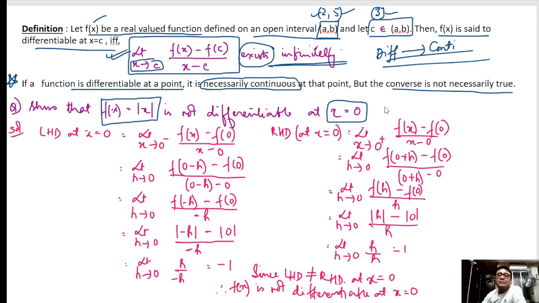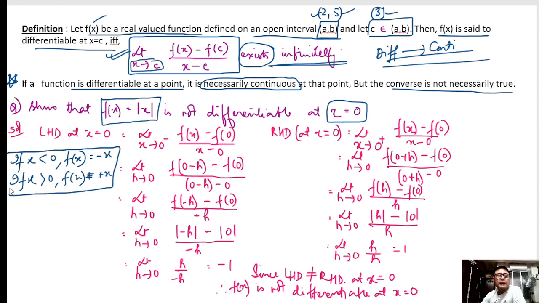We know that if x is less than 0, the function will be taken as minus x, and if x is greater than 0, the function will be taken as plus x. Clear? So using this, let us check the differentiability.